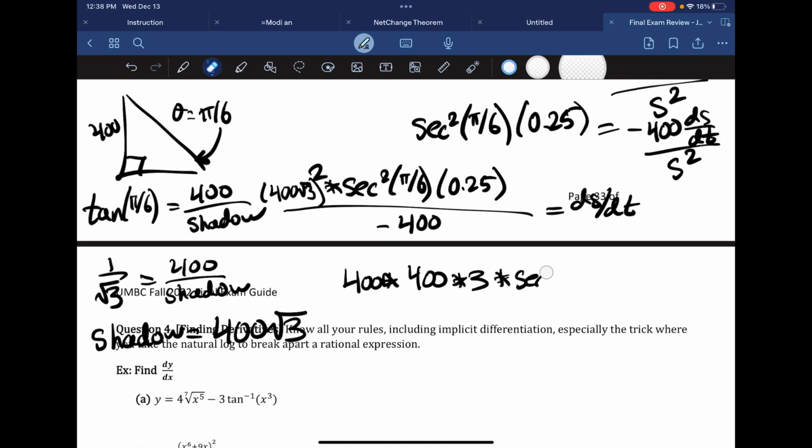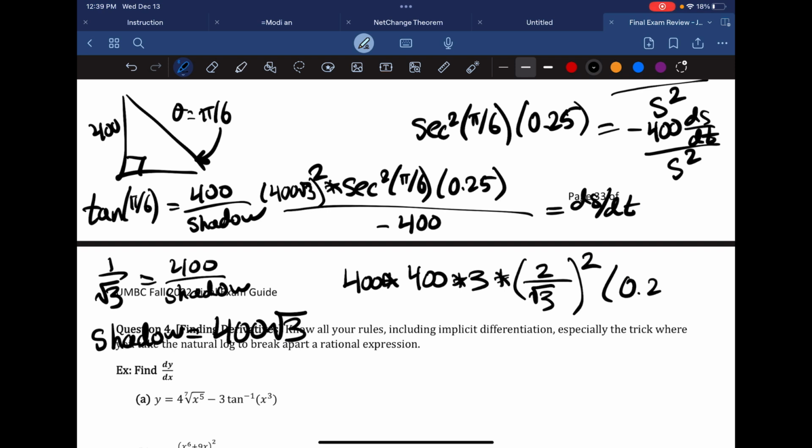Cosine of pi over 6 is root 3 over 2. Secant would be the inverse of that, so 2 over root 3, and that would get squared.